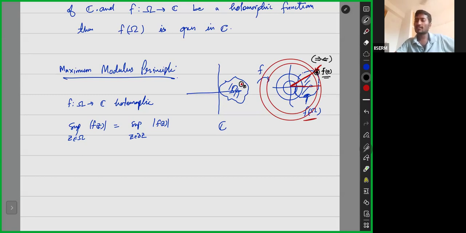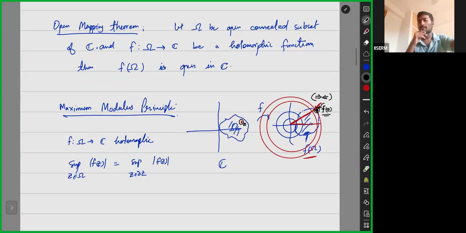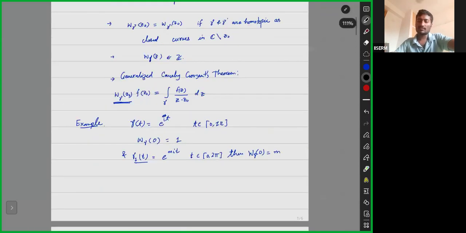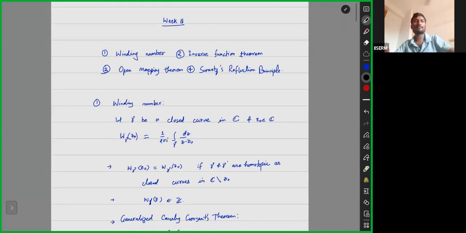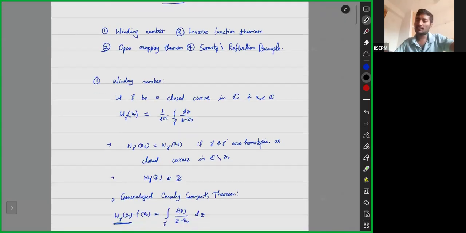So this small ball around z is going to be an open set, and that cannot lie in the boundary. So there are many points in this small disk which have bigger modulus than modulus of F of z. So that's the contradiction. It is a corollary, right? So I think it is clear from the picture, no need for this much explanation. Fine.